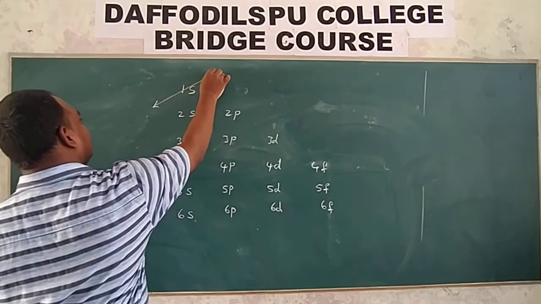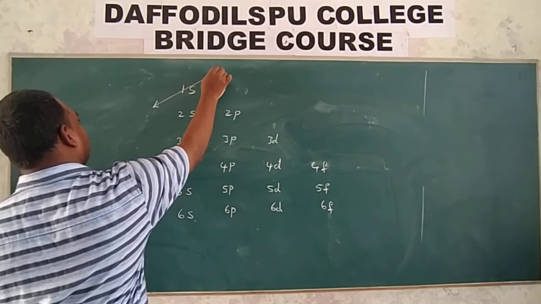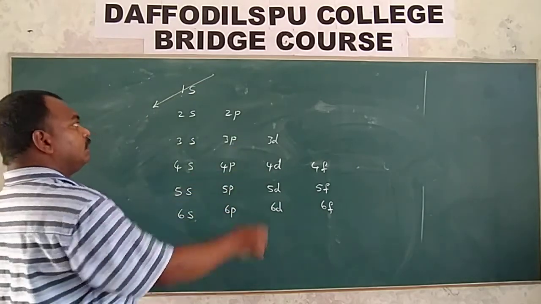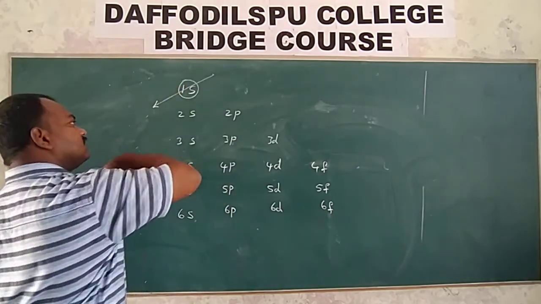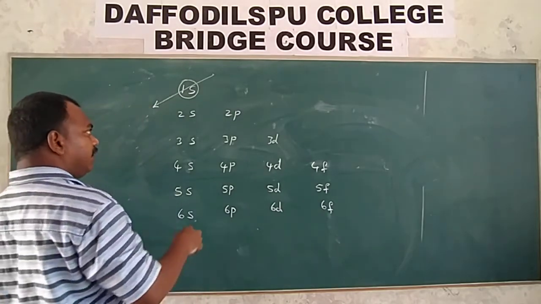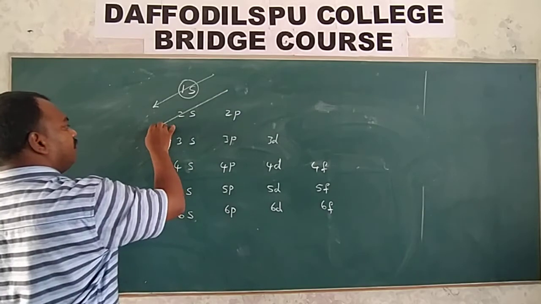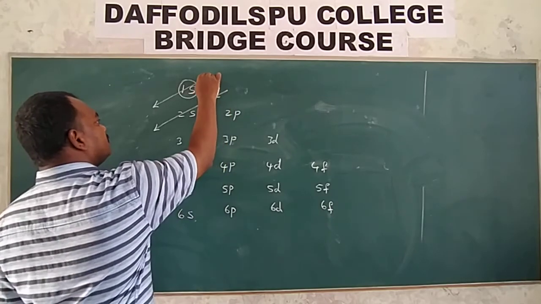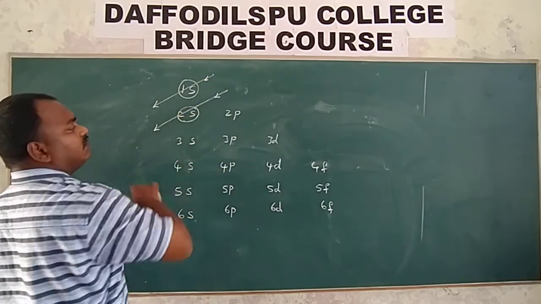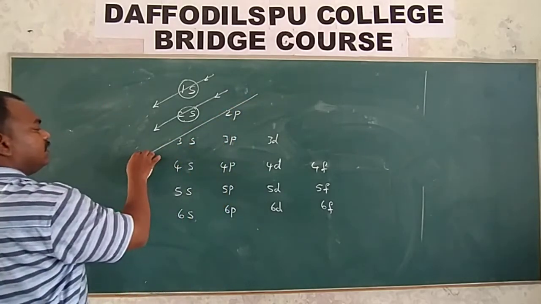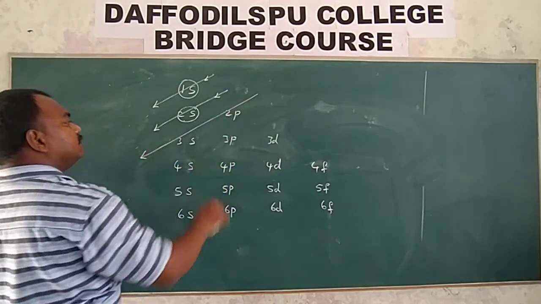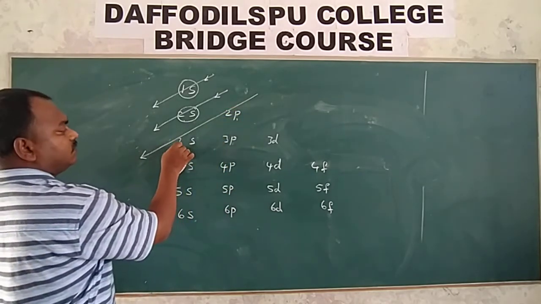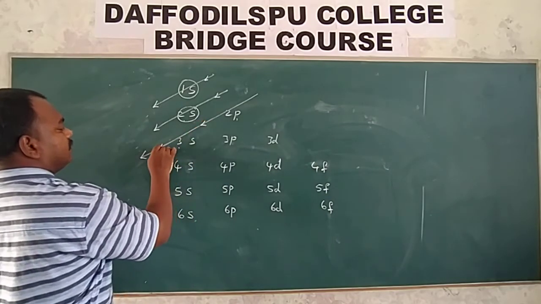The beginning of this line shows the entering of electrons. That means the first electron enters into the 1s orbital. After completely filling up this 1s orbital with electrons, the next incoming electron is going to enter into the 2s orbital. After completely filling the 2s orbital with electrons, the electron is going to enter into the 2p orbital. After completely filling those orbitals with electrons, the electron is going to enter into the 3s orbital.